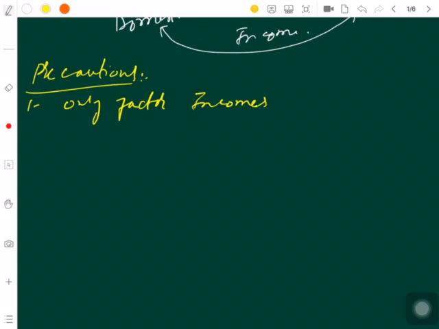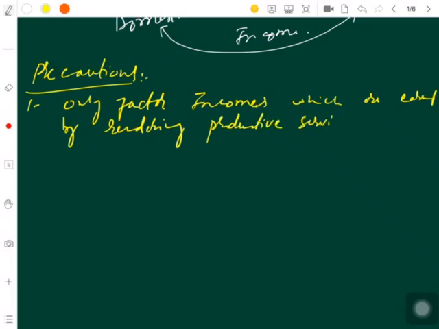Only factor incomes which are earned by rendering productive services are included. Only those which are earned by rendering productive services. I'll underline it, later we will talk about it.